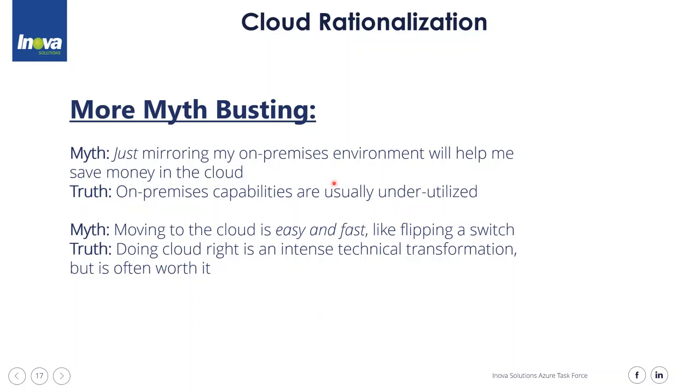And it makes sense. When we're buying hardware on premises, we're making an investment that we want to last for several years. So we don't buy for the capacity that we have now. We buy thinking of the capacity I'll have in a year, in 2 years. And so it's very common that we'll have very large servers and we're not using those servers to anything close to like 70 or 80% of their capacity.